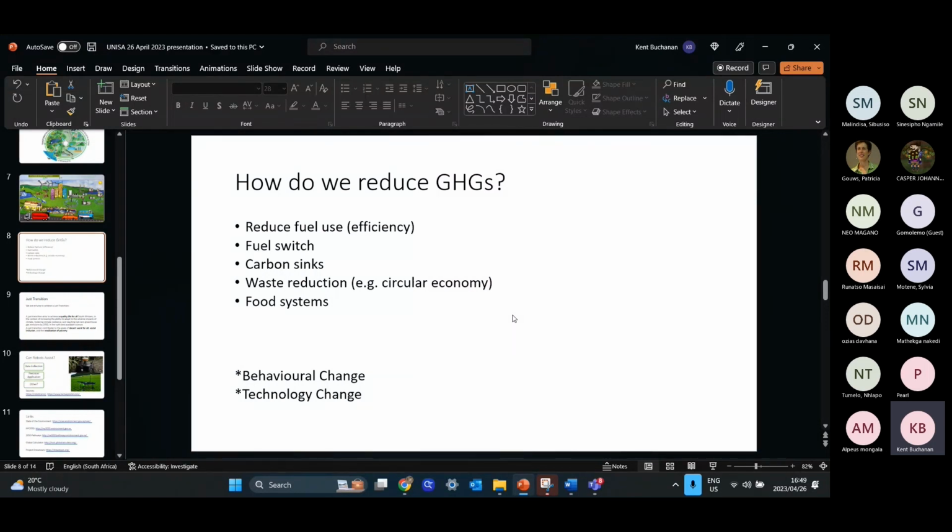So we have to look at alternatives. We have to look at different ways to design our society. Food systems, I mean, the decomposition of organic matter, so all food that is wasted and rots, is emitting emissions, and that's such a waste, both in terms of food waste and emissions.